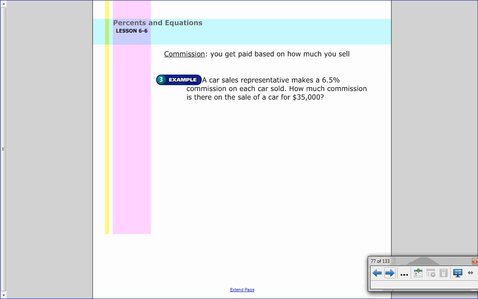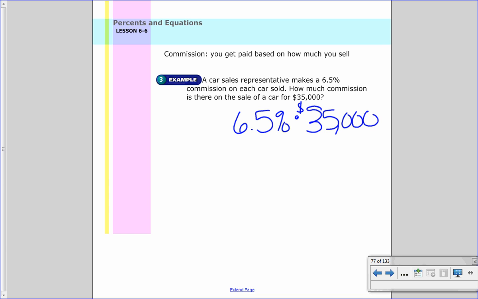This representative is going to make 6.5% off of however much that car costs. So if the car's very cheap, they're not going to make as much as if they sold a $50,000 car. Whatever the percentage is, you times that by the cost of the car. So here I have 6 5/10% times $35,000. But we don't want to multiply by a percent, we want to multiply by a decimal. So we divide by 100 and end up with 0.065.